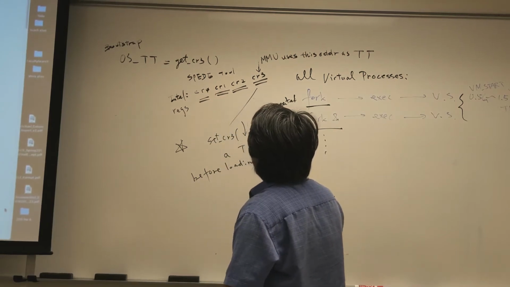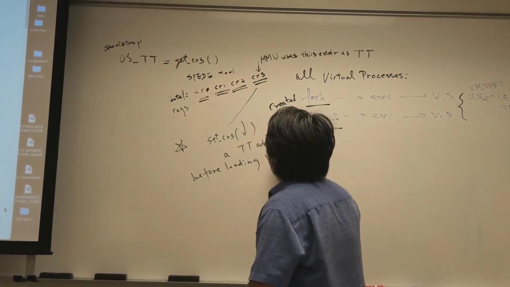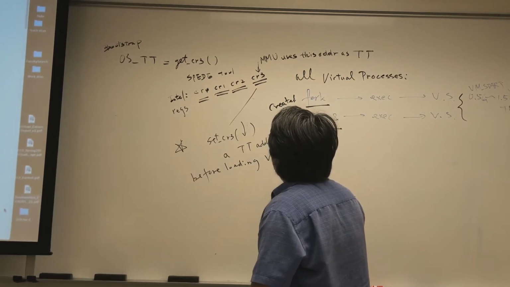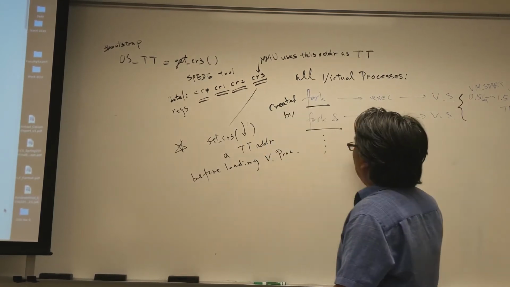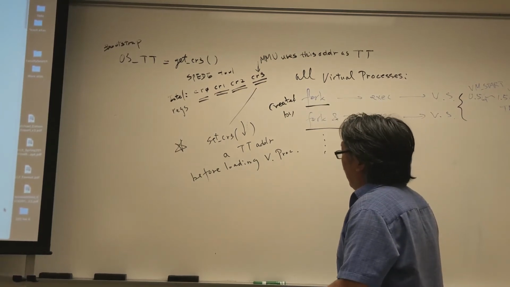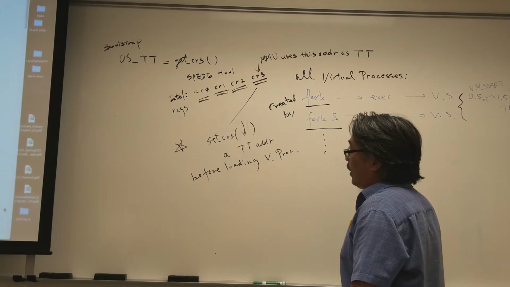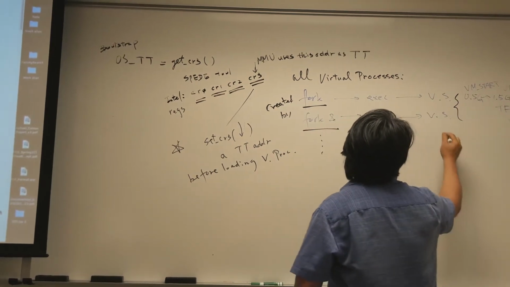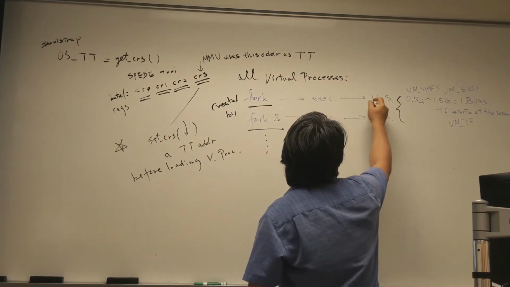Before loading the virtual space running process, we just call it the virtual process. These virtual running processes need translation tables. And each one of them has a unique translation table, so they can map the same virtual space to different actual space.